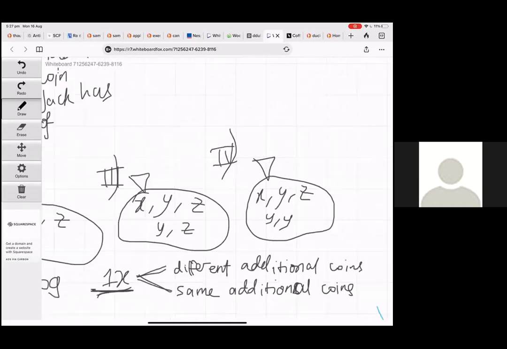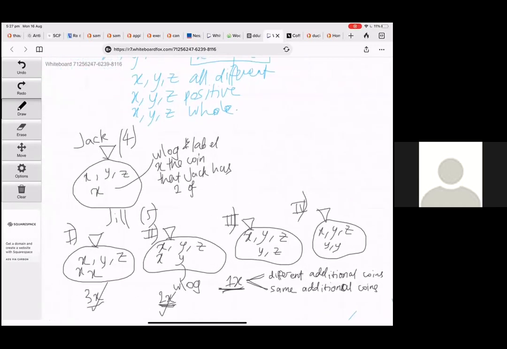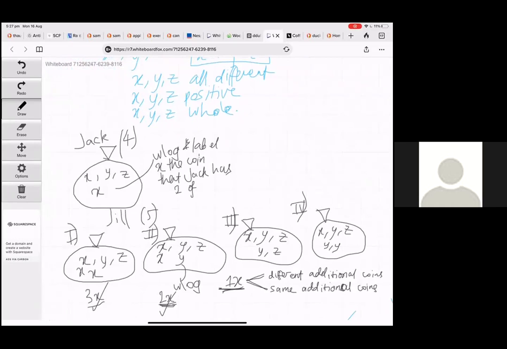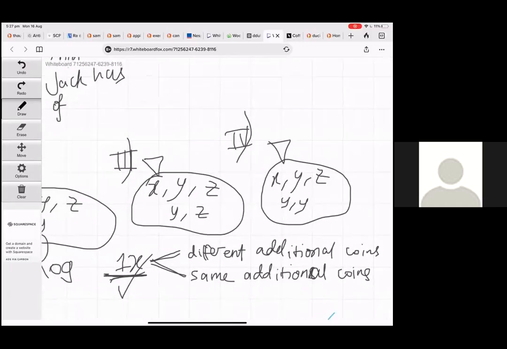And the reason that I wanted to spell it out like this is so that we can be absolutely sure that we've exhausted all of the different possibilities and we're not missing anything. So 3X is done, 2X is done, and 1X is the last thing. And by splitting it up into cases that are basically opposites of each other, so these cases are complements of each other.